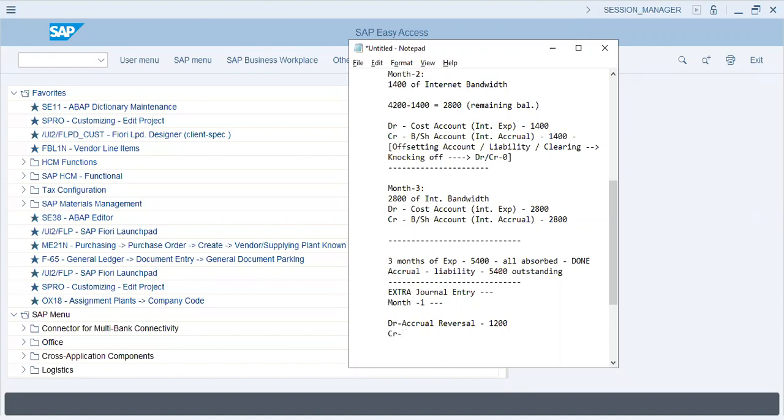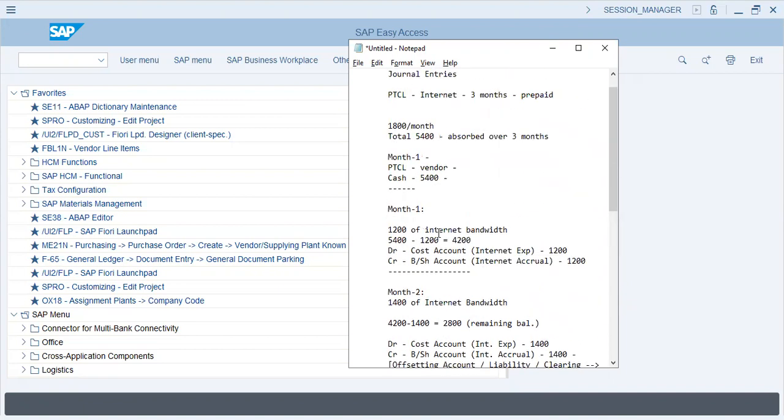Credit will be liability or vendor account, because you have to book the vendor credit, because you have already paid the vendor, the credit had to be standing.